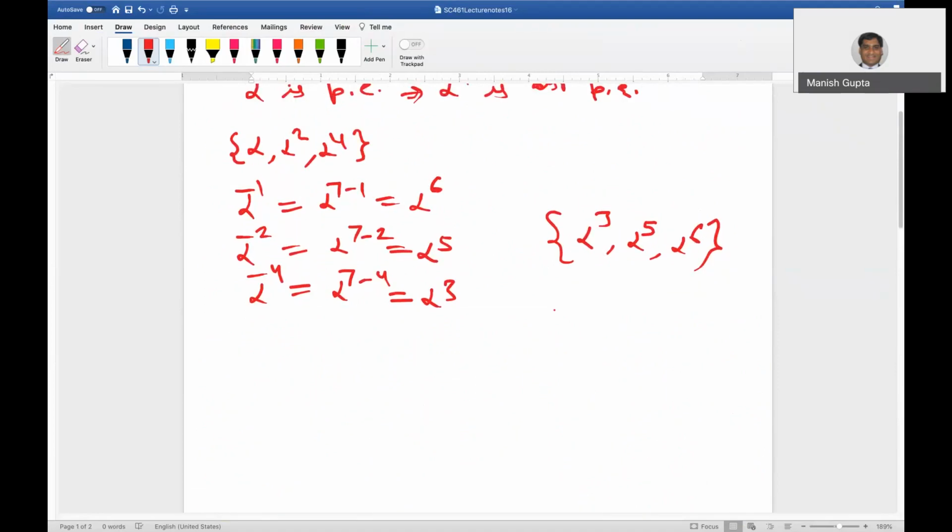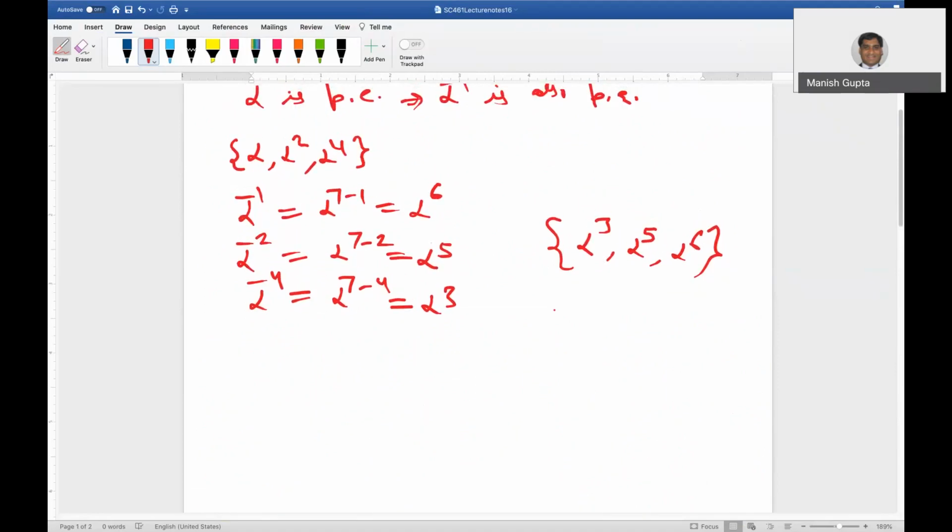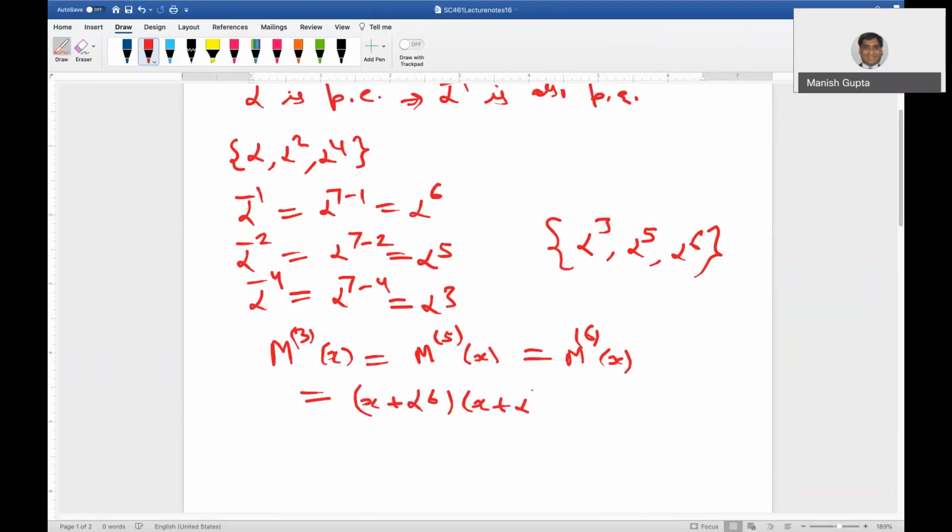Also, I can now consider the minimal polynomial of alpha cube, m3 of x, which is same thing as m5 of x, which is same thing as m6 of x, will be x plus alpha raised to 6 times x plus alpha raised to 5 times x plus alpha cube, and we can compute in the same manner.